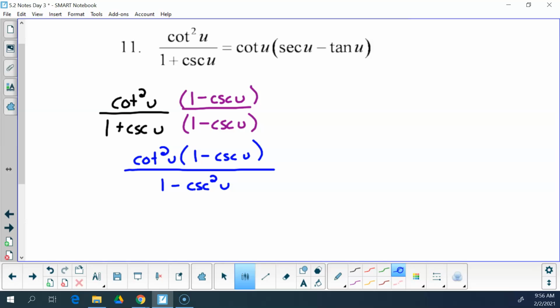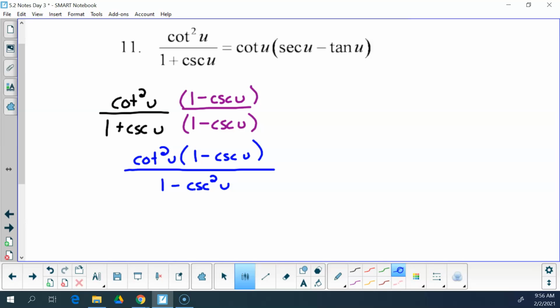Yes? Yeah. 1 minus cosecant squared. What is that? It is not cotangent squared. Because you're using number 11, right? Or excuse me, number 10, right?